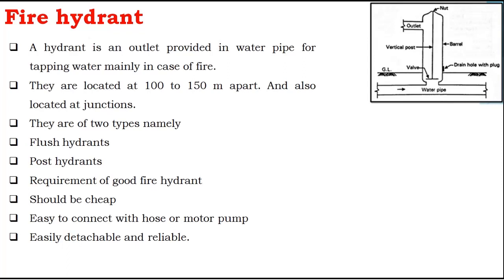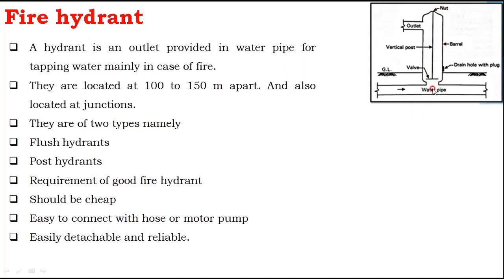But in the metropolitan cities, very big developed cities, every 100 meters or 150 meters apart in the pipeline, in the distribution system only, they will put this valve. Okay, the diagram I will add later. They will put this valve so that if there is a fire break near that fire hydrant, you can directly connect a pipe here and put off the fire.